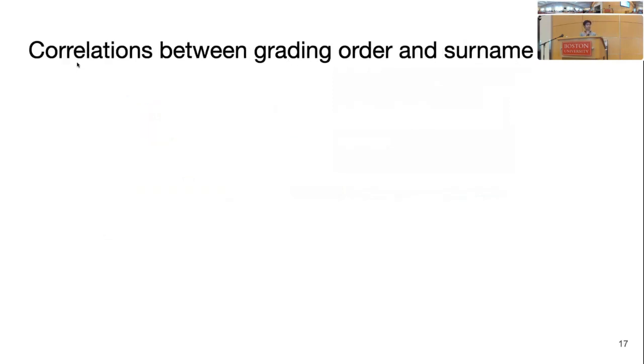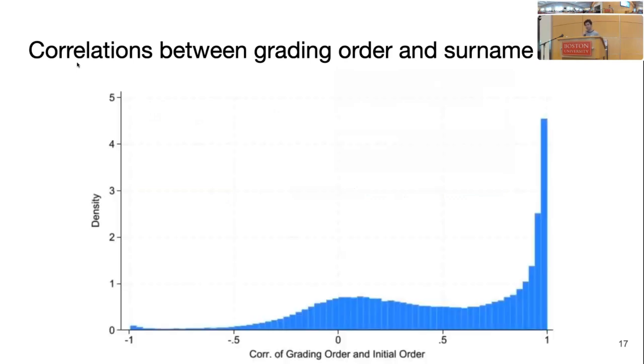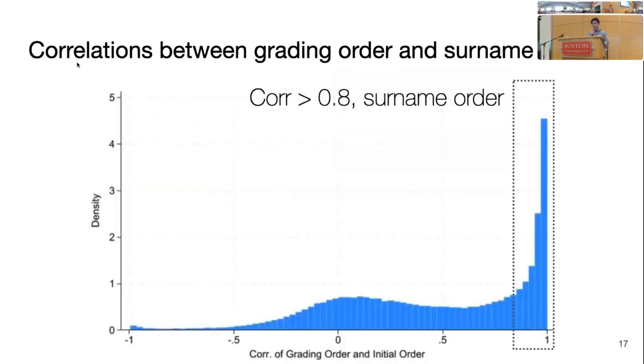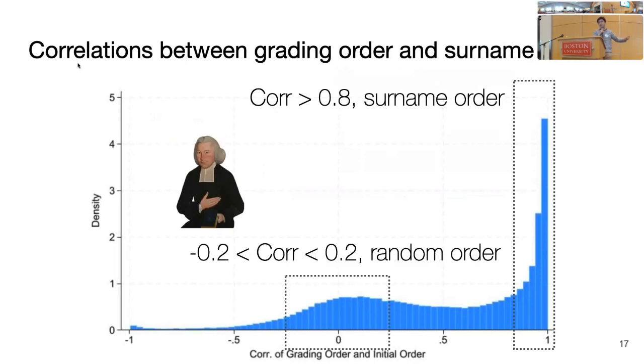What does that mean? This is the real data, a correlation between the grading order and surname order. In our data, we show that most of the assignments are graded in the surname order. The correlation between the grading order and the student names is larger than 0.8. Only a small portion, around 20% of assignments, are graded in a quasi-random order, as some graders might go into random entries.